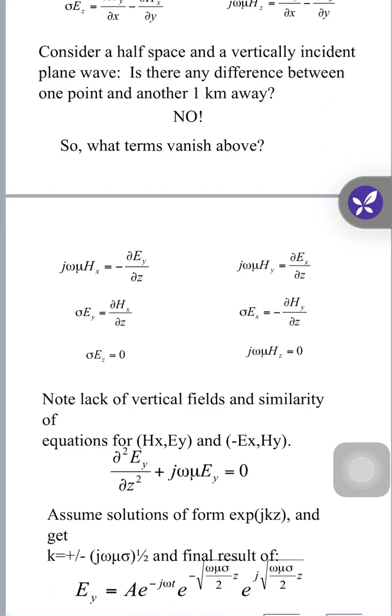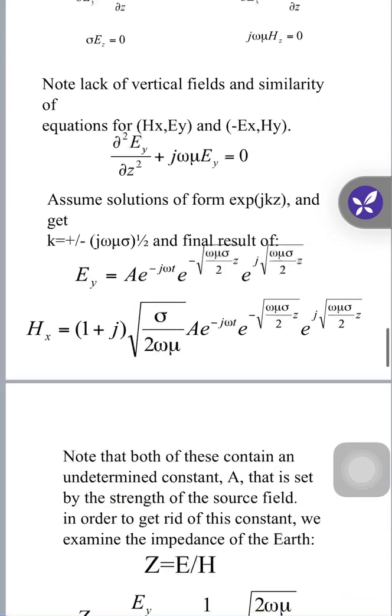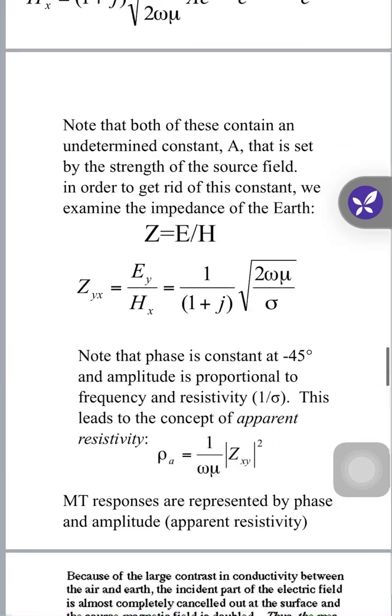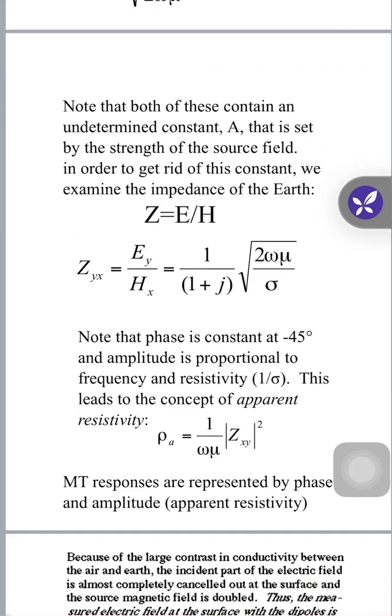These are just the governing equations. There is no difference over an area of 1 kilometer if we consider free space and a vertical incidence plane wave. Z is equal to E by H, the wave impedance of free space.